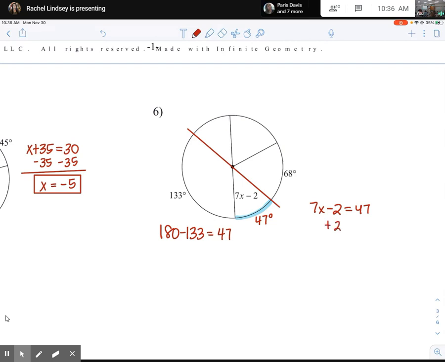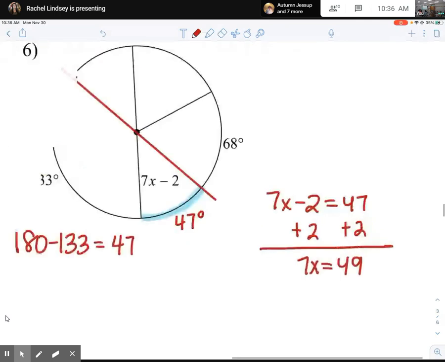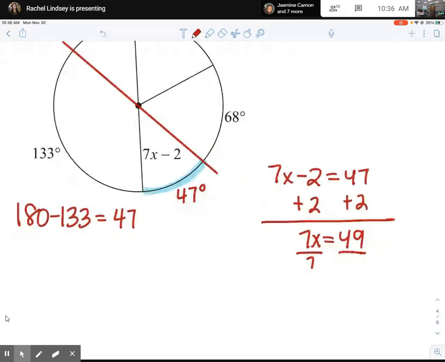Add 2, you get 7x equals 49. And what's 49 divided by 7? 7. x equals 7.